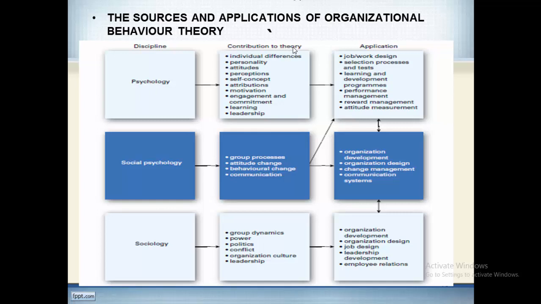Contribution to the theory. Now we take different concepts of psychology. We also used some of them in the previous slides, which can be applied to the field of human resource management.